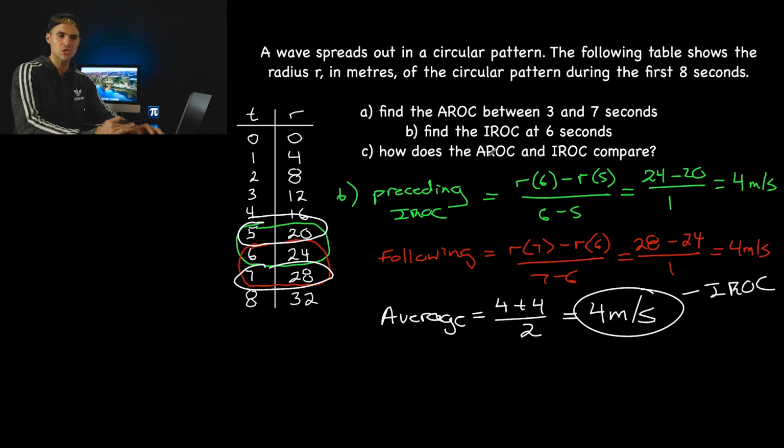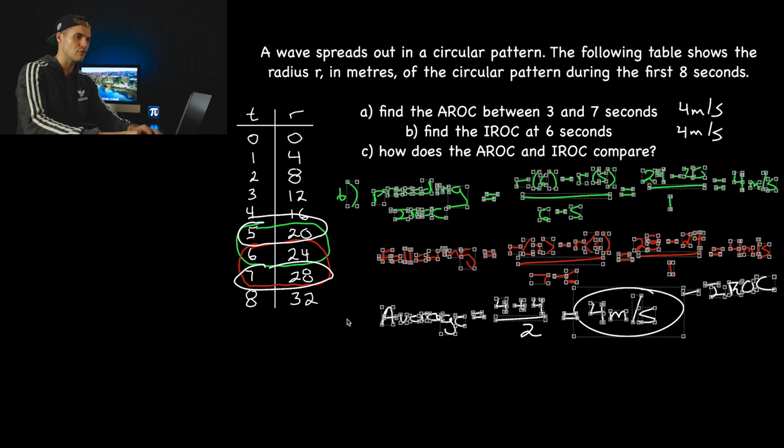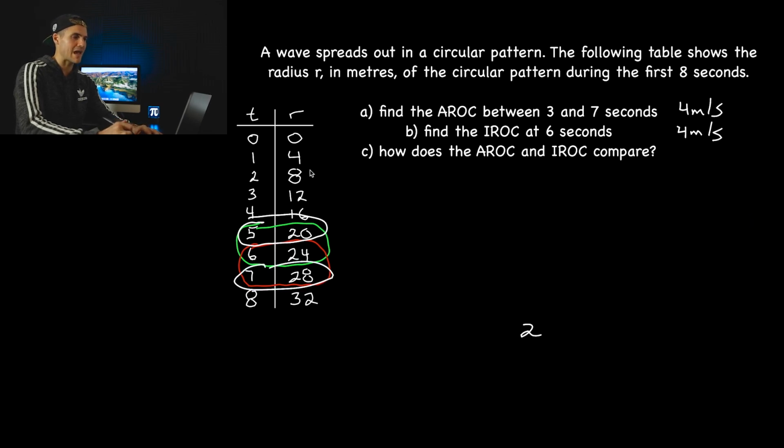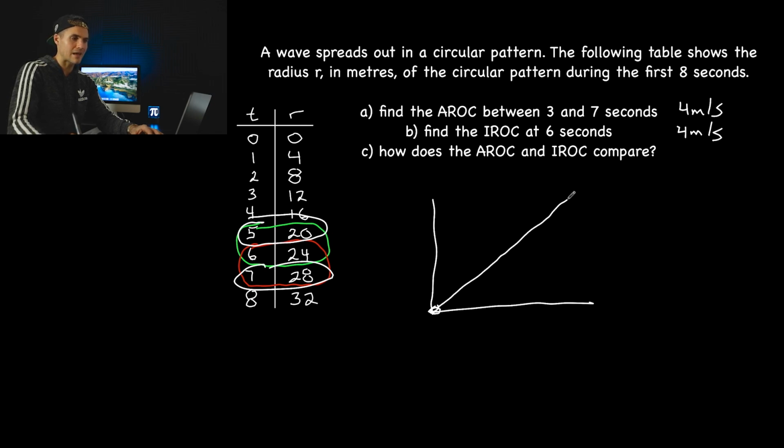So how does the average rate of change and instantaneous rate of change compare? Notice that for both of these, we got 4 meters per second. Why do we keep getting 4 meters per second? If you look at this table carefully, it's a linear function. If we were to graph this, we would start at the origin, then 1 and 4, 2 and 8, a line with a slope of 4. Between any two points, the average rate of change is going to be 4.